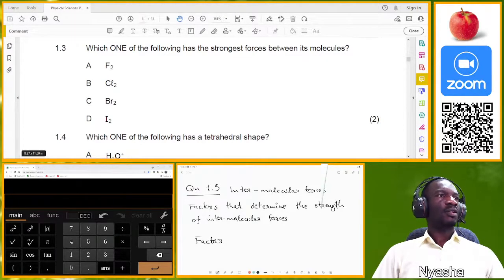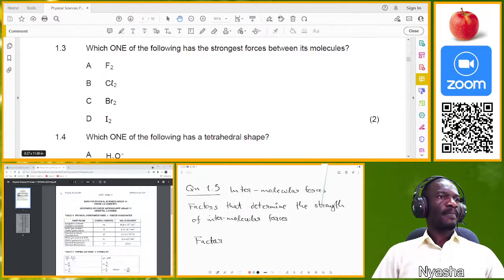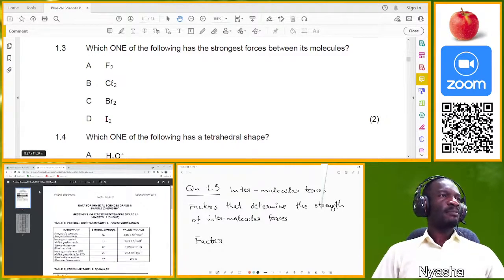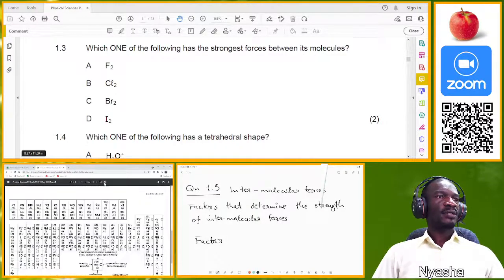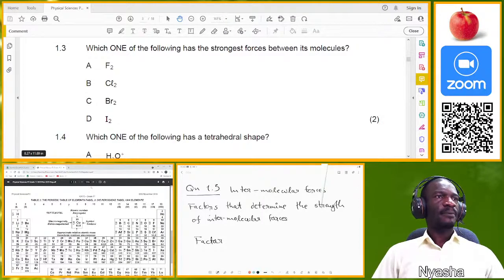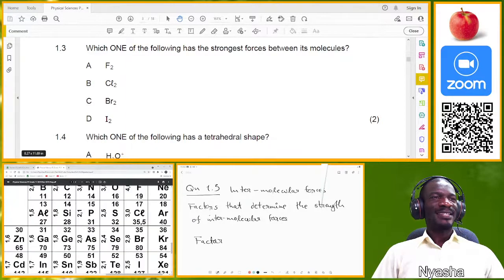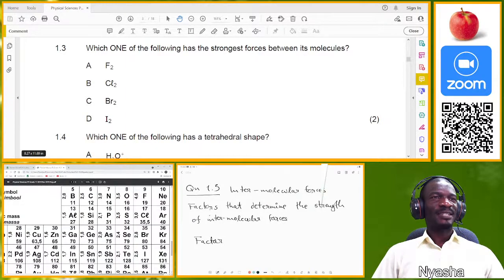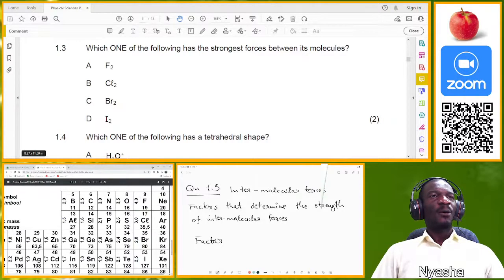So I'll just copy this and paste it there. Good. So I've got some constants here. I'll just rotate this so we can see it. And I was saying, do you see that these molecules, these gases, the elements that make up these gas molecules are all in one group?